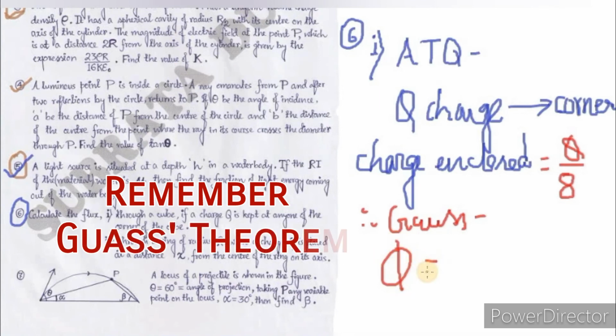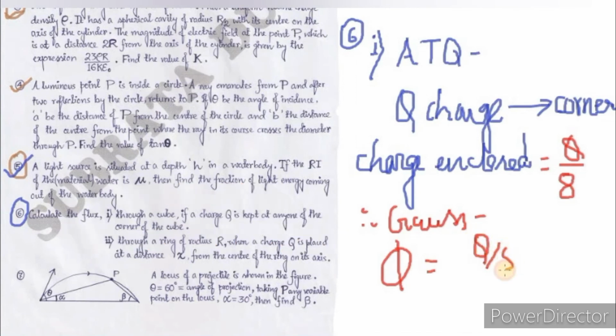So total flux is total charge, that is q/8, divided by epsilon naught. So our result comes out to be q/(8 epsilon naught). This is the first part of our question number 6. So this is even much easier if you know the proper structure.